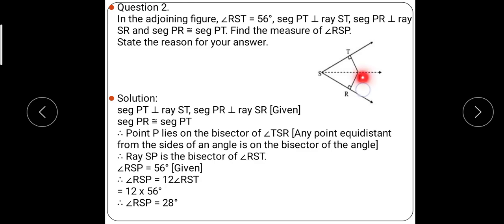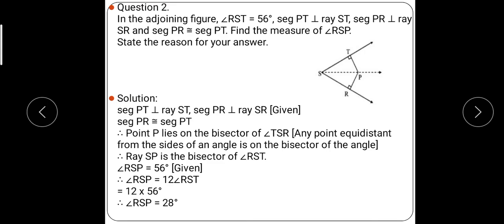So point P lies on the angle bisector, that is SP, and therefore by the theorem of angle bisector, now it is the converse, is it? So P lies on the angle bisector of angle TSR or RST. So any point that is equidistant from the sides of an angle lies on the bisector of the angle.